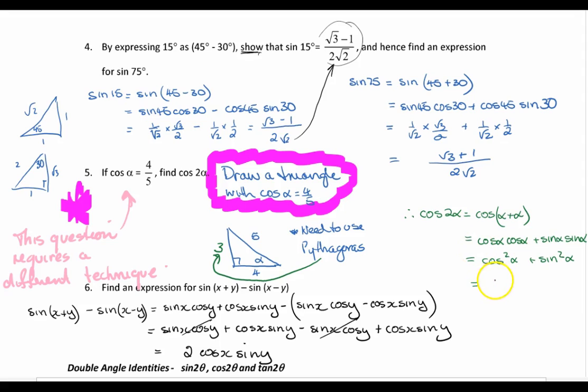Cos squared would be 4 squared, which is 16 on 25. And sine squared, sine of alpha is 3 on 5, and square it, you get 9 on 25. And 16 plus 9 is 25 on 25. Yes, it's equal to 1.